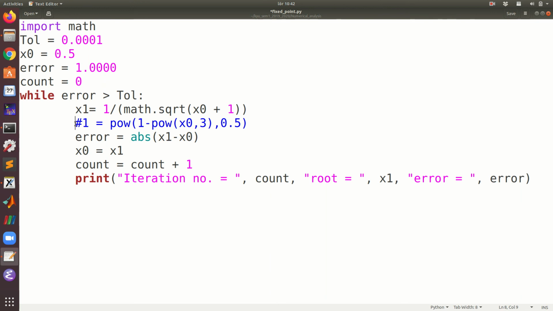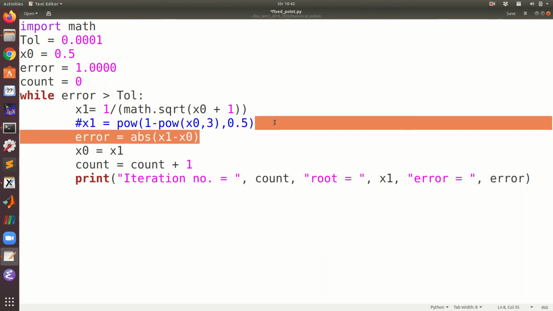Then the other form here, the hashtag means that I just commented it out. It's not going to run, but this was the other form which we ran, which I think was x_{n+1} equals 1 minus x_n to the power 3, then everything to the power half. Oh, this should have been x1. I forgot this.